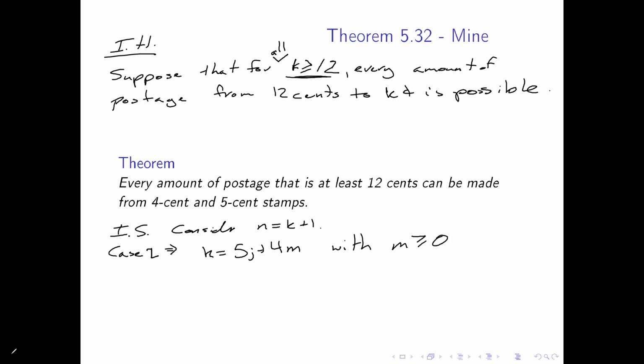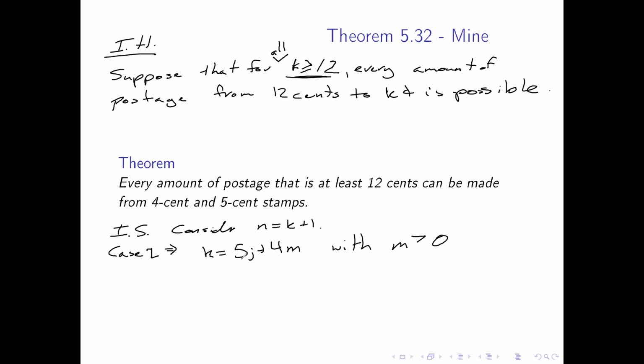Not bigger than or equal to. Strictly bigger than 0. And we can do this because if m is 0, then we have a 5j case, which is just the situation we just talked about in the previous example. So we're simply saying it's equal to this with m bigger than 0.